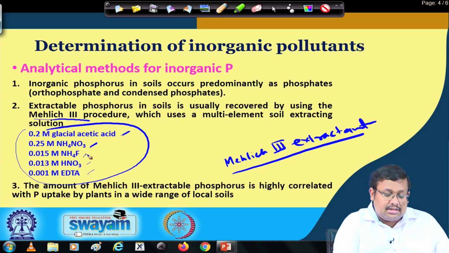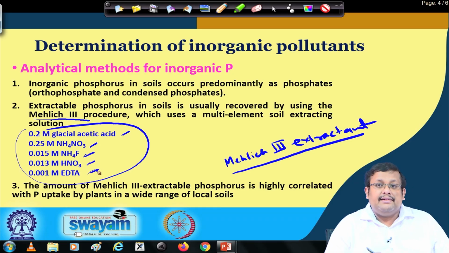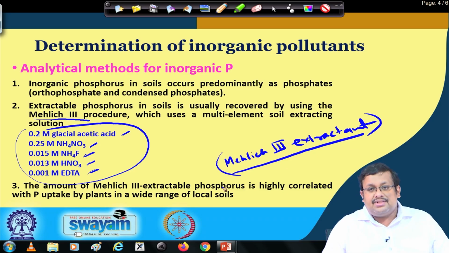that each individual component has its specific activity, and that is why the Mehlich 3 extractant is known for extracting not only phosphorus, but a wide range of other elements also from the soil.